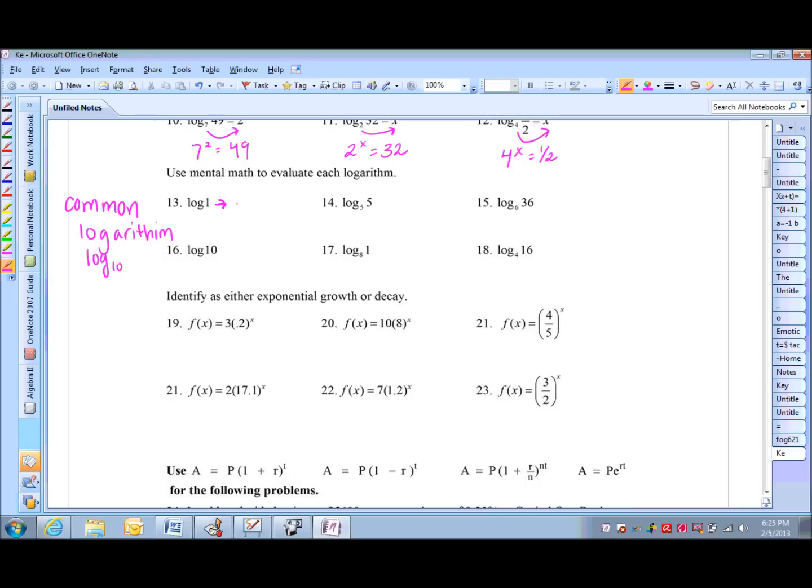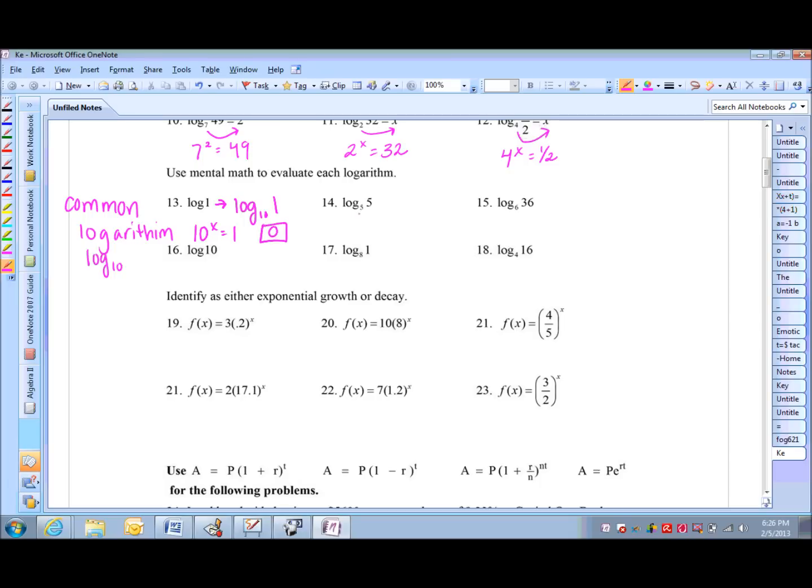So 13 can be written as log base 10 of 1. And the way we evaluate this is we think of the exponent that we could raise 10 to equal 1. So 10 raised to an exponent has to equal 1, and we are interested in that exponent. And that exponent is going to be 0.